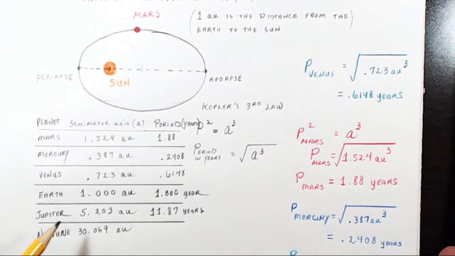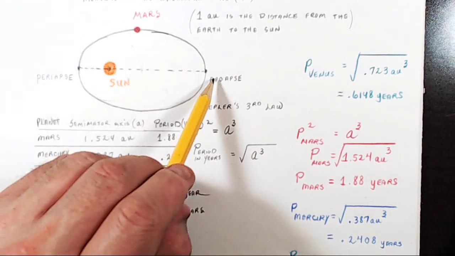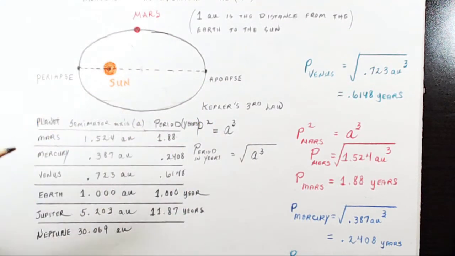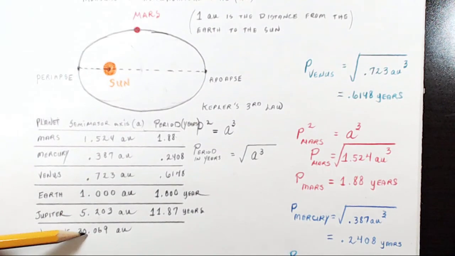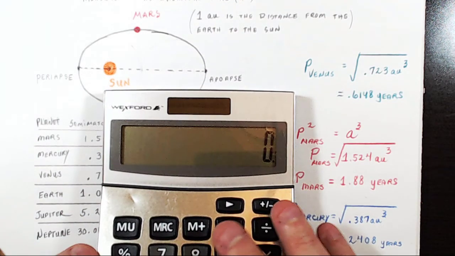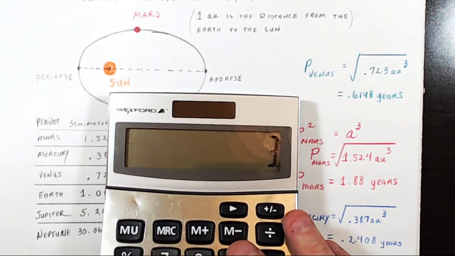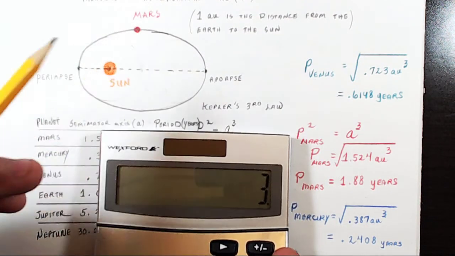So if the semi-major axis, the distance from the periapse to the apoapse of Neptune, is 30.069 astronomical units, then what is the period in years of Neptune's celestial orbit around the Sun?